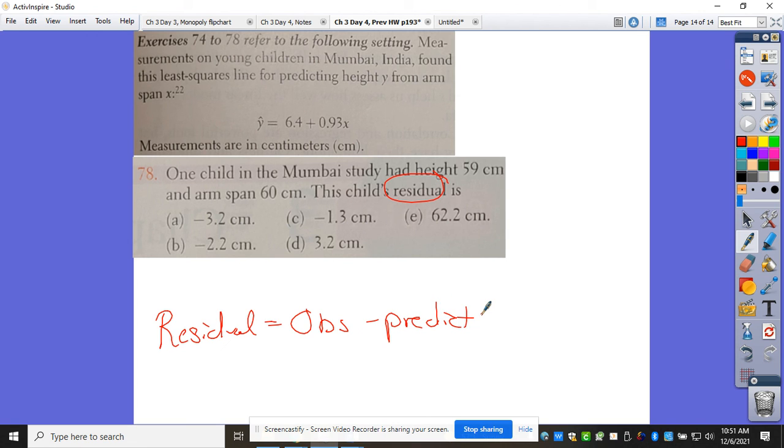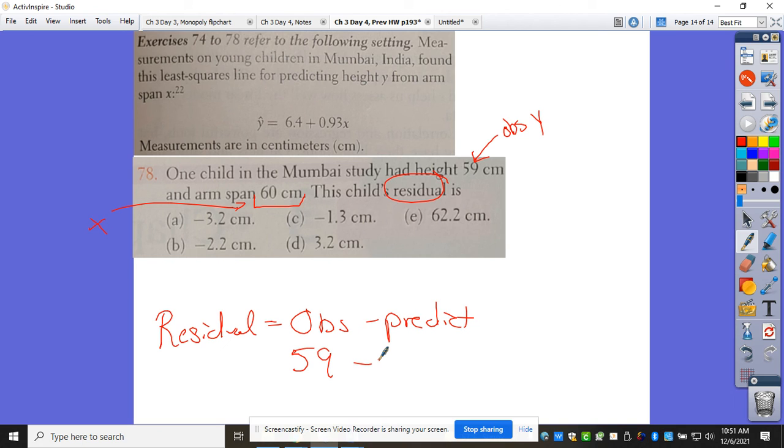So it says one child in the study had a height of 59. That's our what? That's our observed y. And an arm span of 60. What is this? So our observed is directly 59. I have to find predicted also. How do I find predicted? Plug it in.